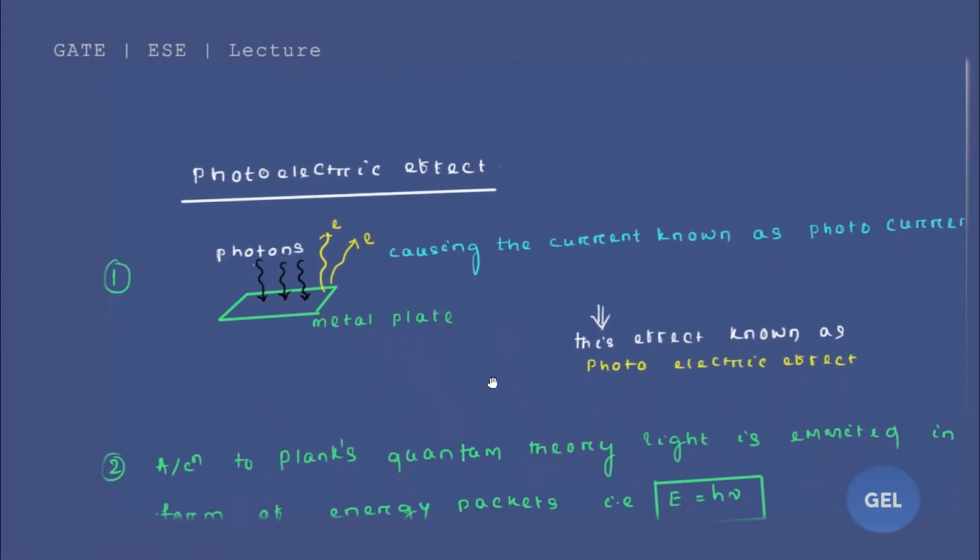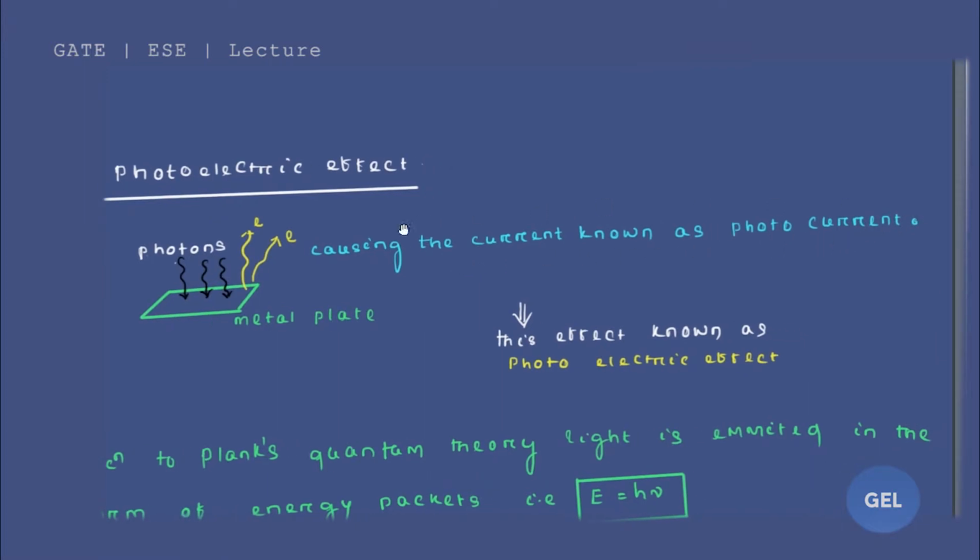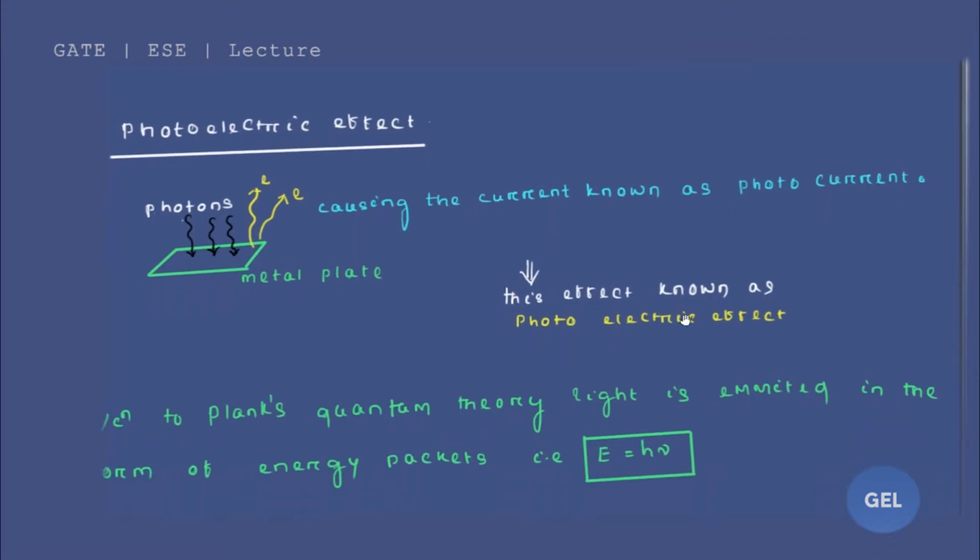When photons are incident on a metal plate, electrons present in the metal plate come out, causing a current known as photocurrent. This phenomenon is known as the photoelectric effect. We know this concept, right?